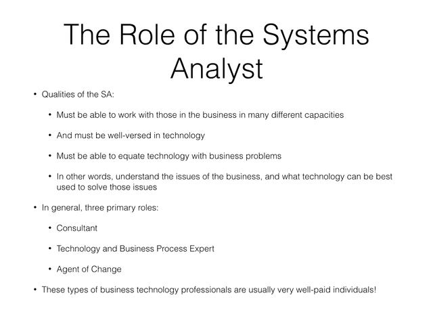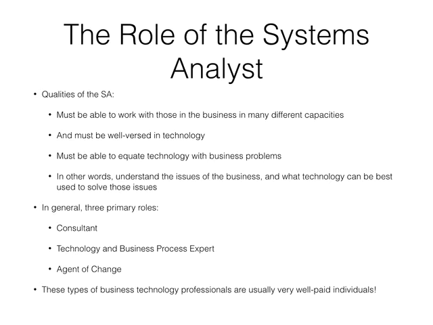So let's look some more at the role of the systems analyst. They have to have many qualities, but some of them are that they must be able to work with those in the business in many different capacities. They also must be well-versed in technologies, and they must be able to equate technology with business problems. In other words, they need to understand the issues of the business and what technology can best be used to solve these issues. In general, I like to think of the systems analyst as having three primary roles.